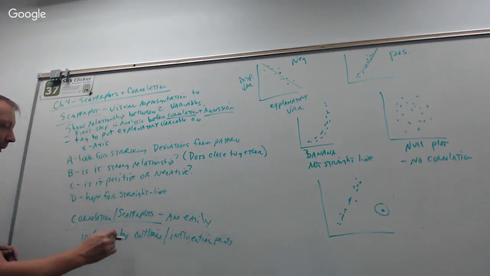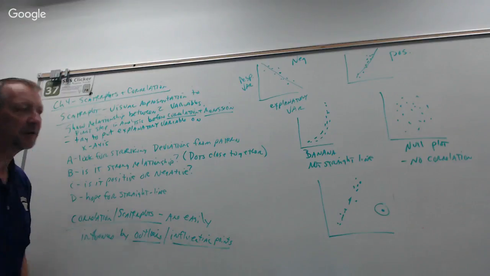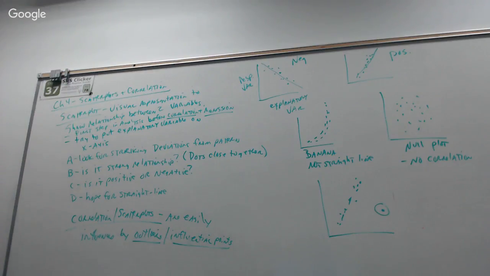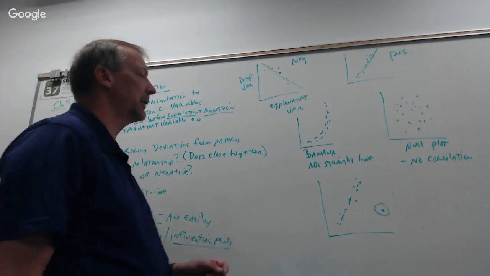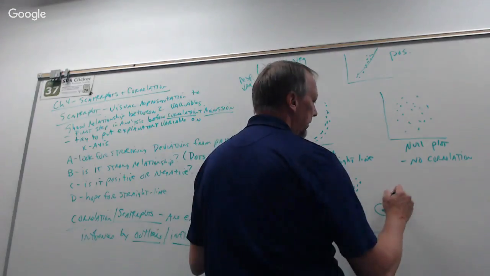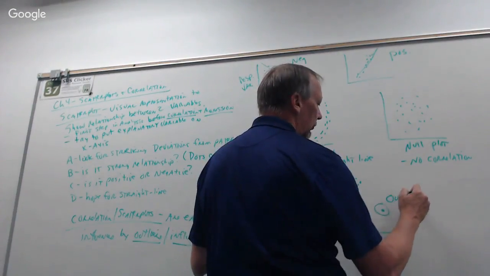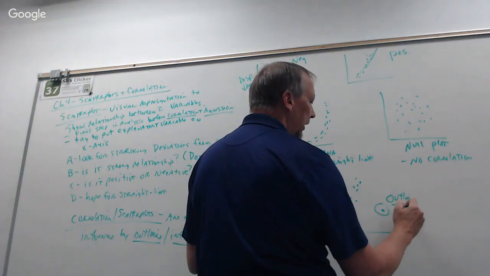Okay, so we're going to talk about outliers, we're going to talk about influential points. Okay? Now, most likely, the way I drew this would probably be an outlier. It would also be an influential point.